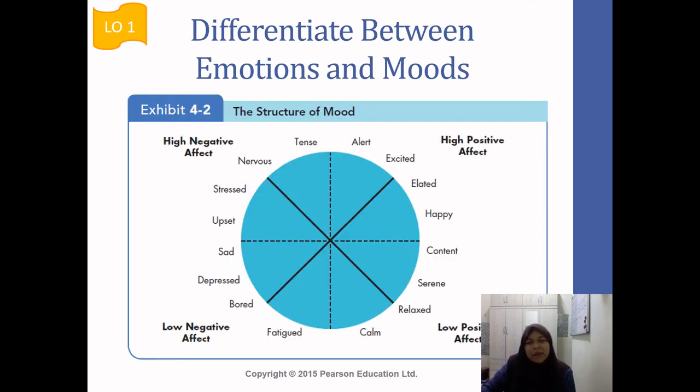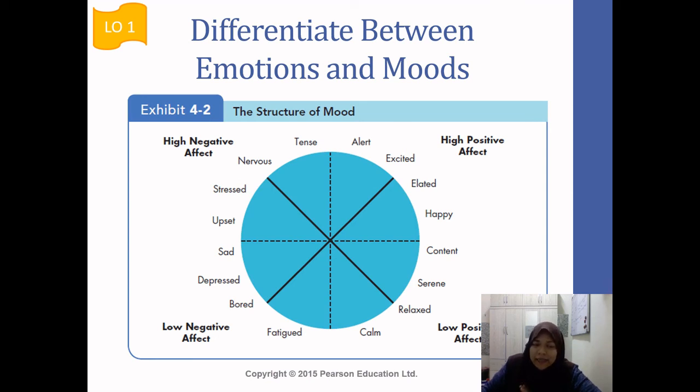Okay, so this is the structure of mood. Kalau you tengok sini, mood ada banyak lah. So ada high positive affect, high negative affect, low negative affect and low positive affect. Kalau high positive affect, you akan rasa alert, lebih berjaga, excited, happy. Kemudian bila you macam tenang-tenang, relax je, tu adalah low positive affect, perasaan yang positif tapi rendah.